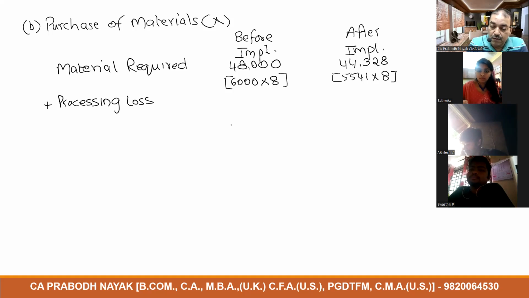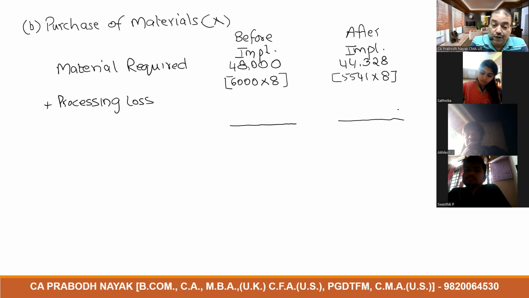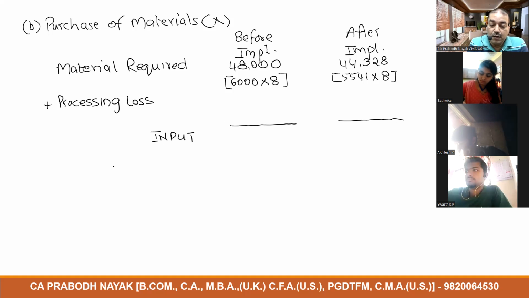So see, processing loss, how to calculate? You are told 4% of the input is loss. This 48,000 is not the input, this is the input. So 4% of this is loss. That means when this is 100, this is 4. So how much is this? This is 96.